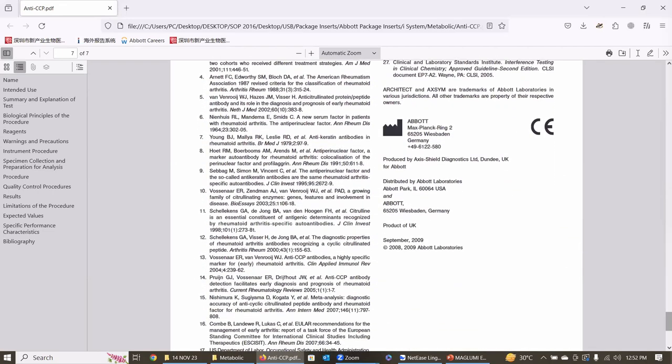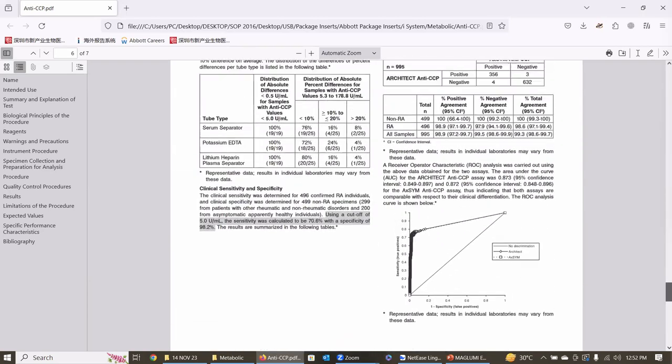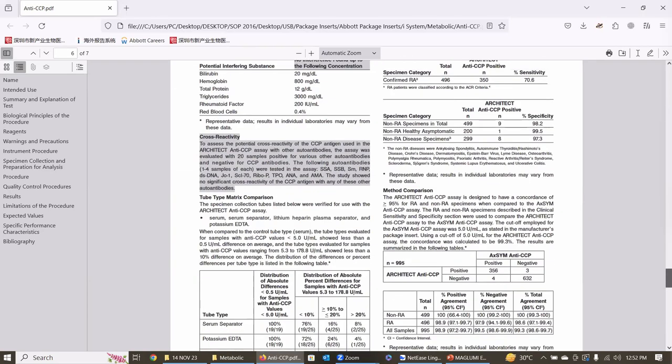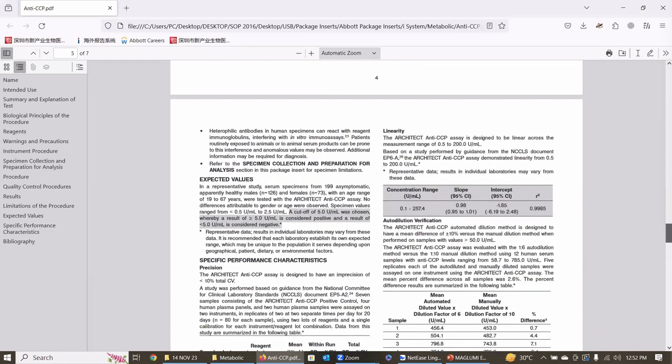No, there is no mention of the traceability and standardization.